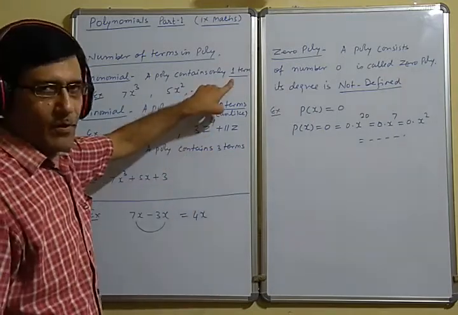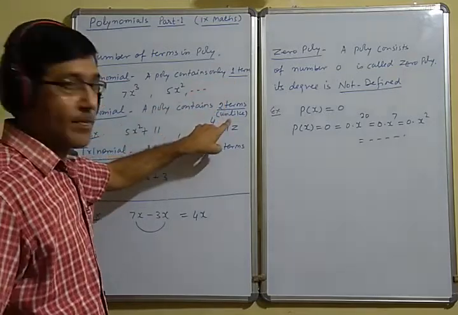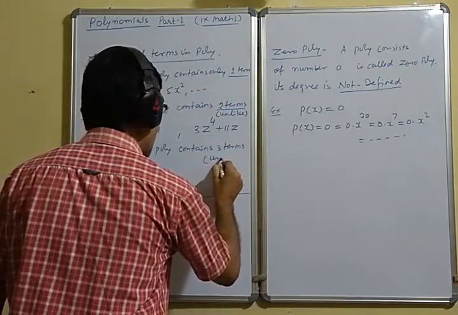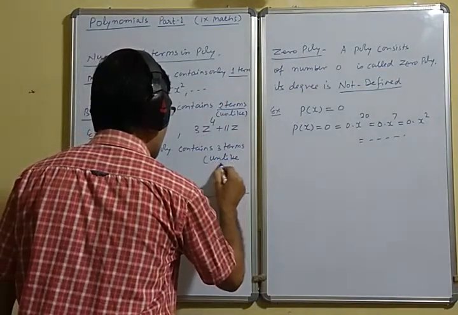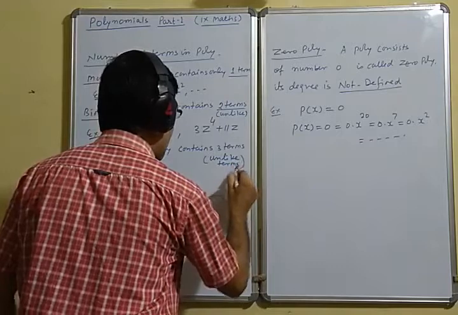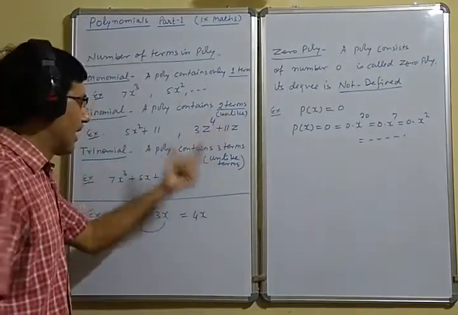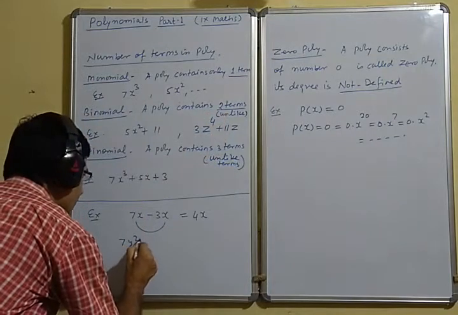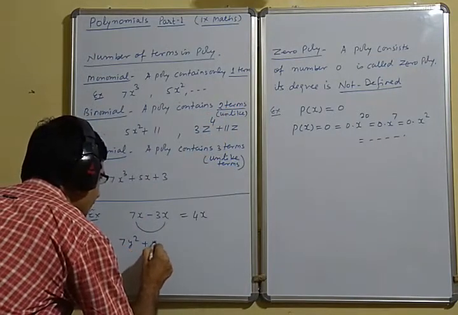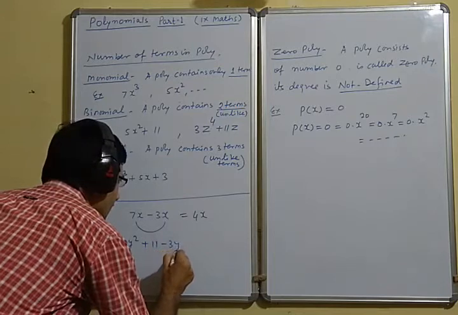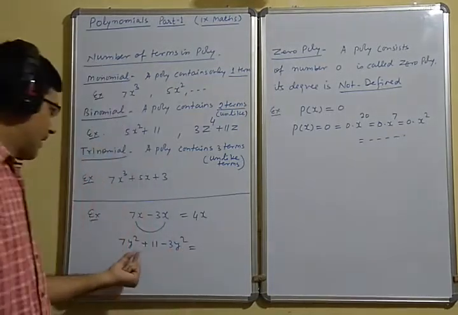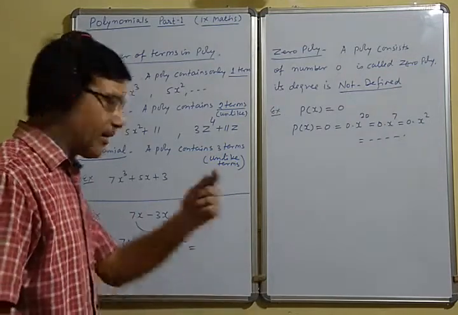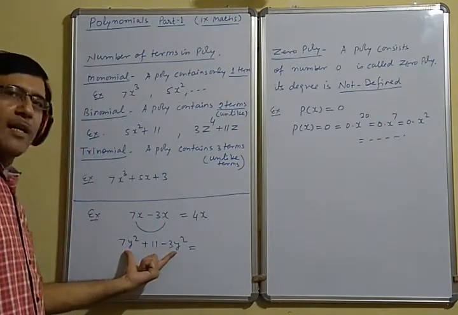So in one term, no problem. In two terms, they must be unlike. Similarly, in three terms, they must be unlike terms. This point is very important. Take another example: 7y square plus 11 minus 3y square. This looks like three terms, but it is not, because two of these terms are like terms.